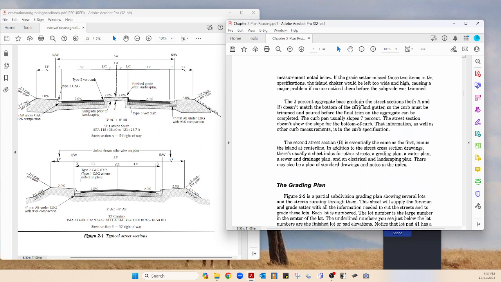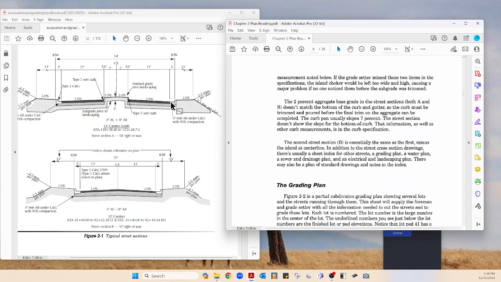So the 2% aggregate base grade in the street section, both A and B, doesn't match the bottom of the curb and gutters, so the curb must be trimmed and poured before the final trim on the aggregate can be completed. The curb pan usually slopes 7%.